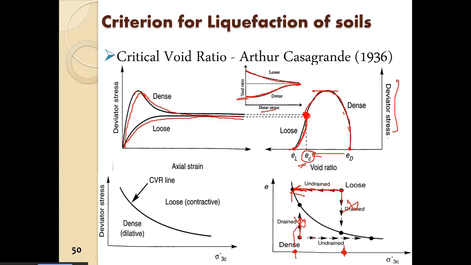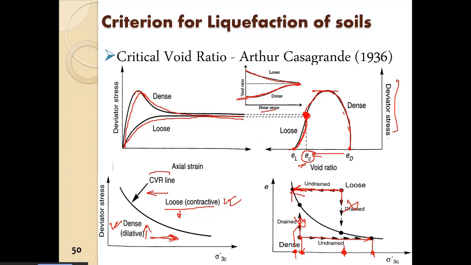If it is not allowed, then pore pressure will reduce and the effective stress state will come from this state to this state. So the effective stress in the soil will increase in the dense sand, and in the loose sand it will decrease. So loose, we can say contractive behavior, dense we can say dilative behavior. So pore water pressure, reduction in effective stress and increase in effective stress.